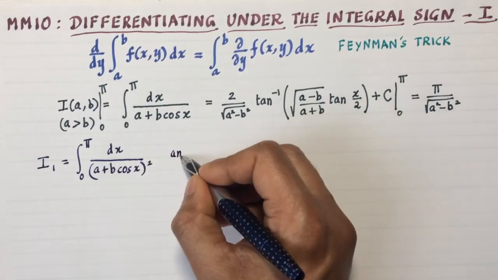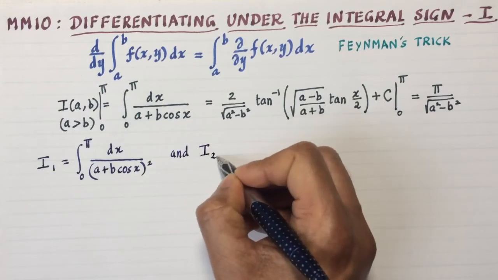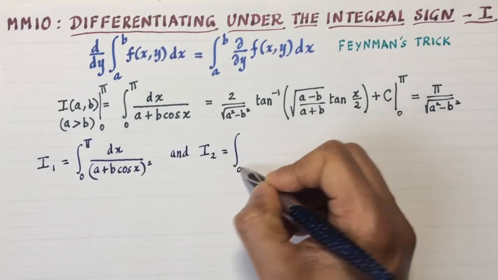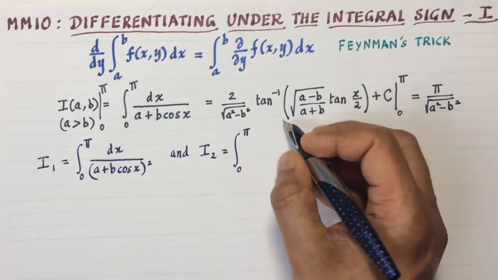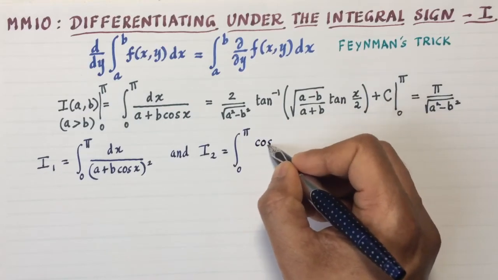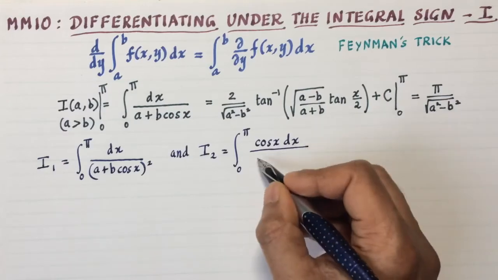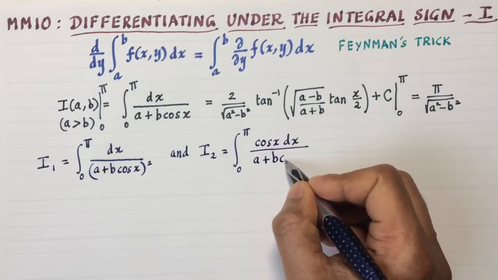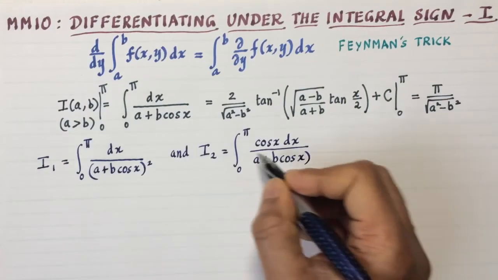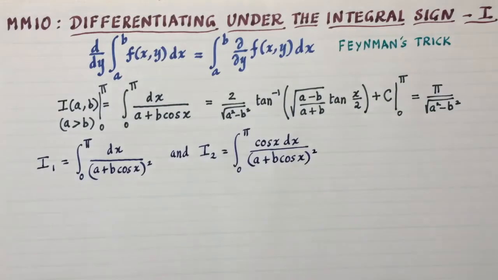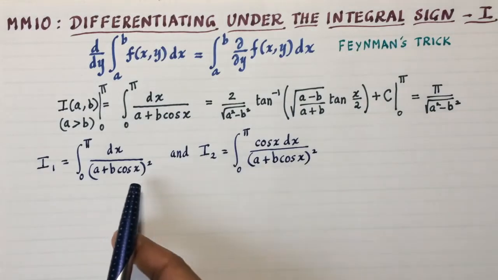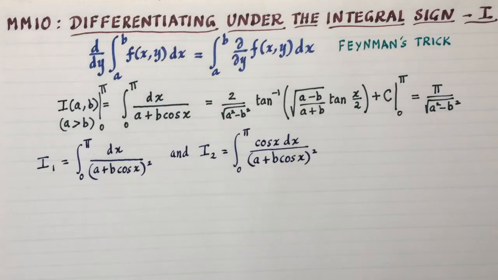Another integral also came up, and that is the integral from 0 to pi of cosine x dx divided by a plus b cosine x squared. Let's take a step back and see how these two integrals are related to the integral that we've already done.